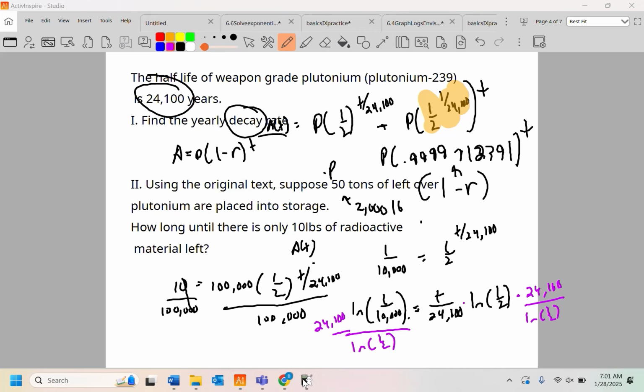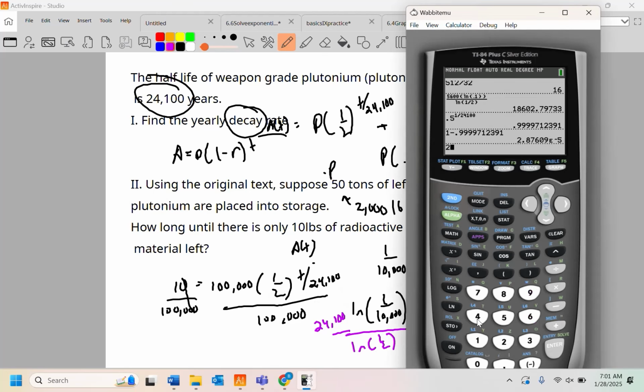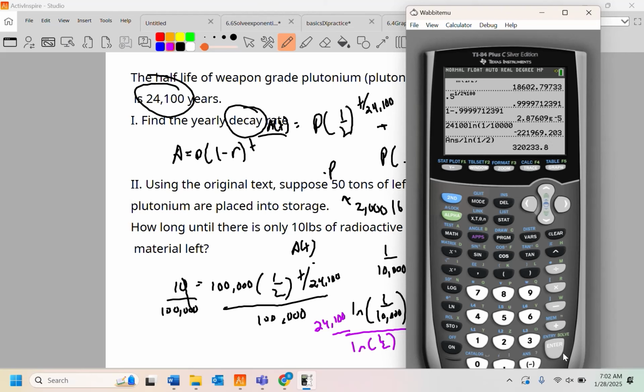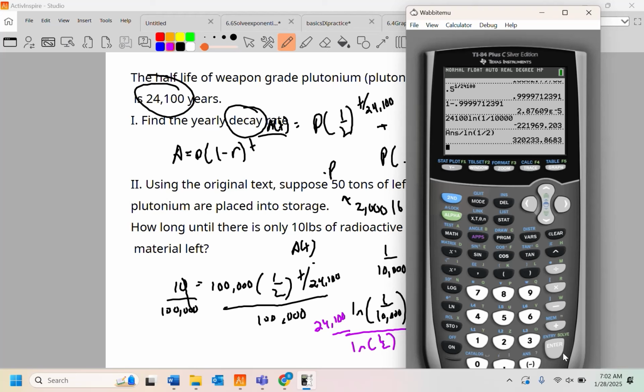Then we're going to push some buttons, and I'm not going to spend 10 minutes cleaning this up for you. We've got 24,100 times the natural log of 1/10,000th. And notice I'm going to press the enter key here. That is divided by the natural log of a half. Oh, that happened a lot quicker than I thought. That doesn't seem right.